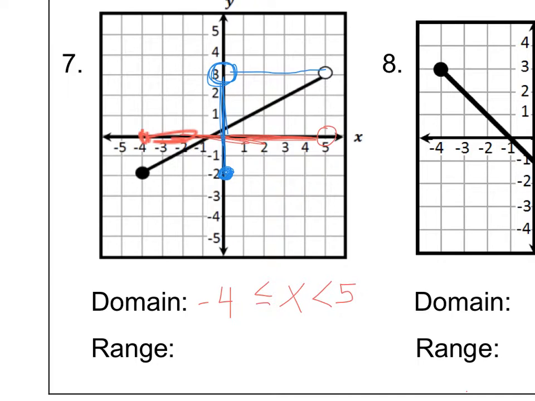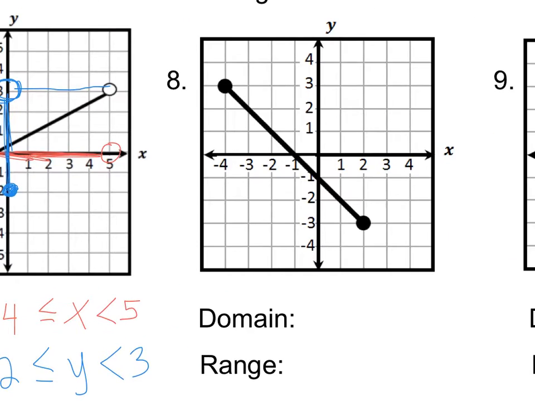So bottom point is -2. Top point is +3. We're on the y-axis. And the -2 is included and the 3 is not. So that's the way to deal with a graph. Just draw it over to the x and y axis and do it just like we did the earlier ones.